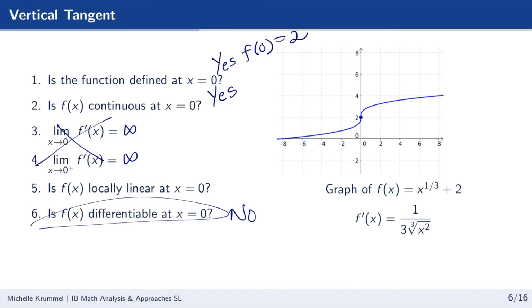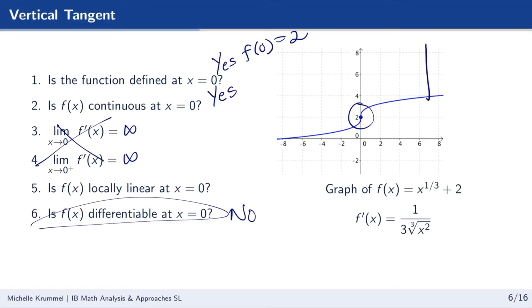Is it locally linear? So this one is kind of interesting to think about. If you zoom in super close on that point, is it going to look like a line? Yes, it will. But what kind of line is it going to look like? It's going to look like a vertical line. And a vertical line is not a function. So is it locally linear?